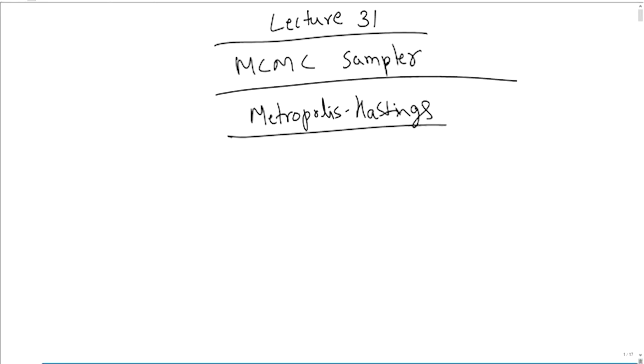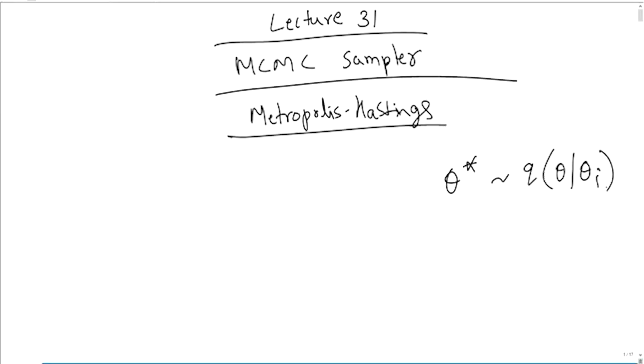The idea was this, that we were replacing independent sampling for proposal generation by dependent sampling. Okay. So rather than drawing a sample from an independent density like Q of theta, we will draw a sample from a proposal density conditional on the current state of the chain.